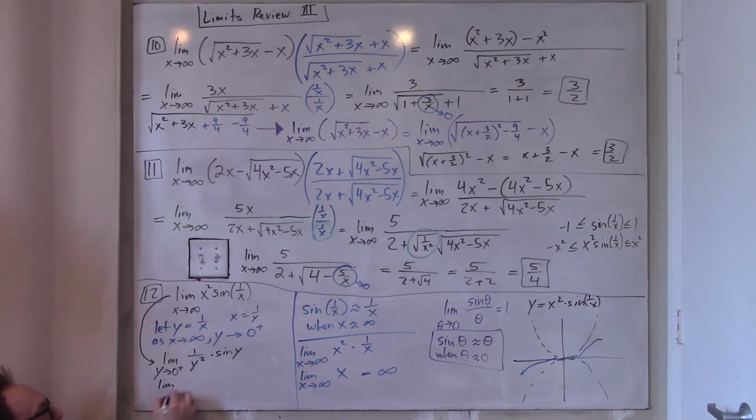And therefore, this is the limit as y goes to 0 plus of sine y over y times the limit as y goes to 0 plus of just 1 over y. And this, we know, goes to 1, and as y goes to 0 plus, 1 over y goes to infinity. And so the answer to this problem is definitely infinity.